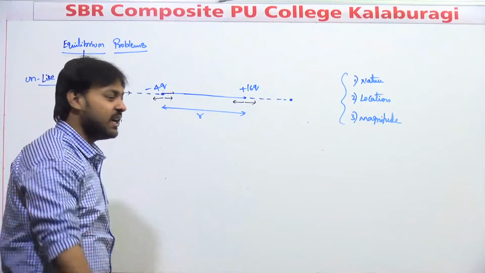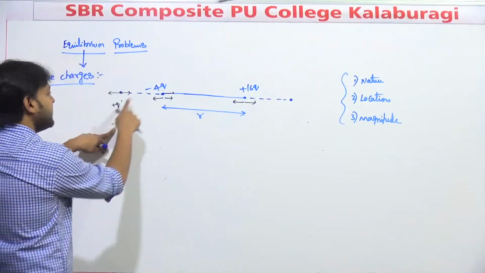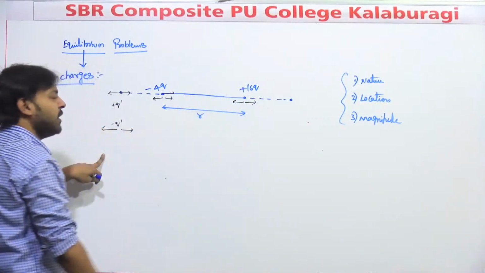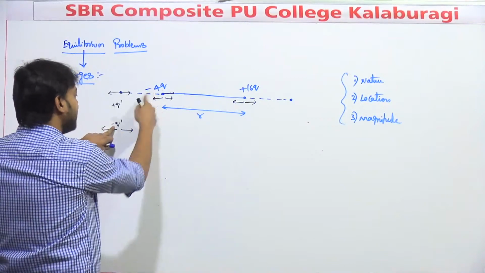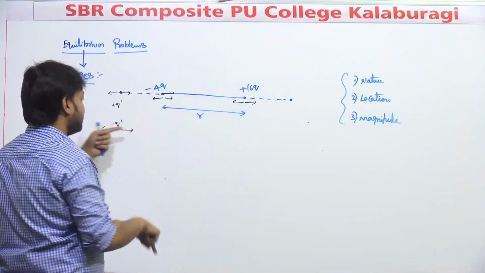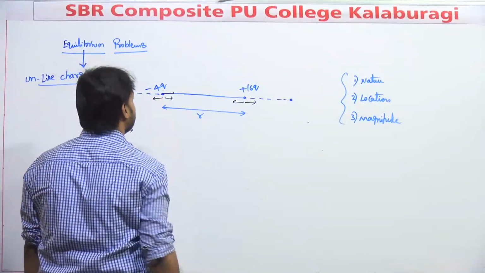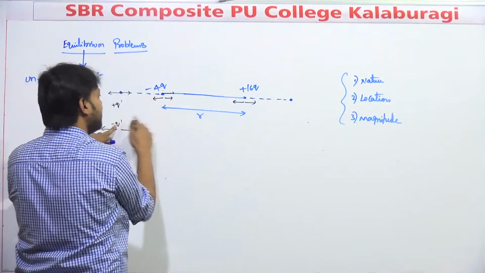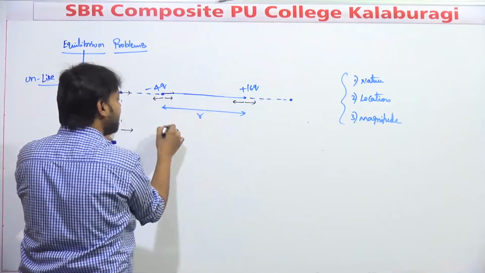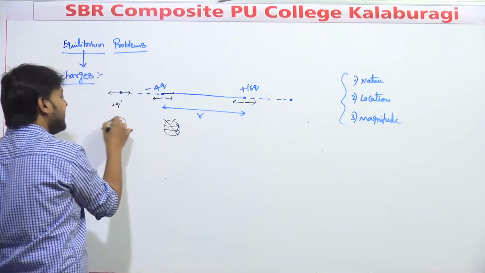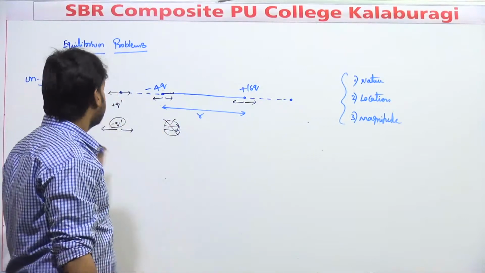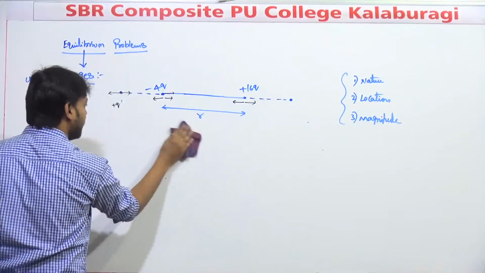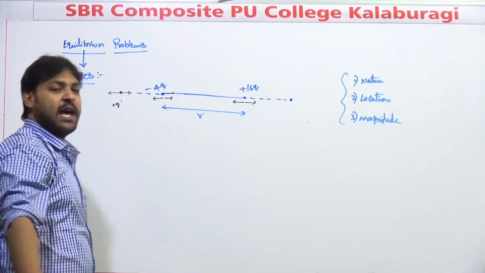Minus minus repulsive and minus plus attractive, and again minus minus repulsive and minus plus attractive. So for a negative test charge it is not possible. So what is the nature? The nature should be plus q dash only.